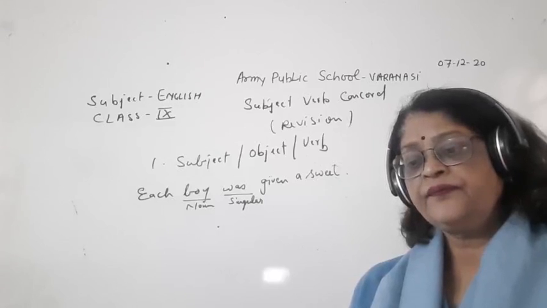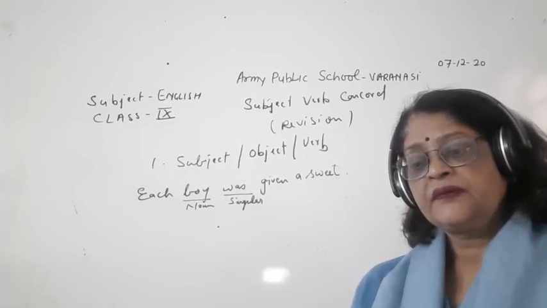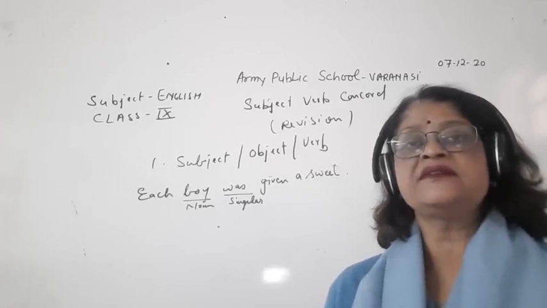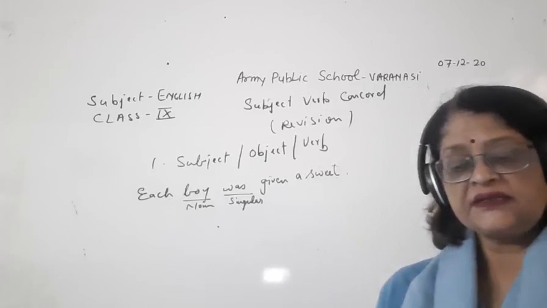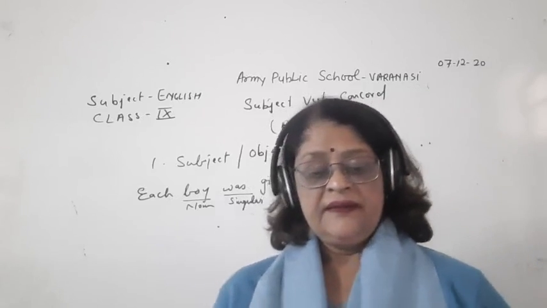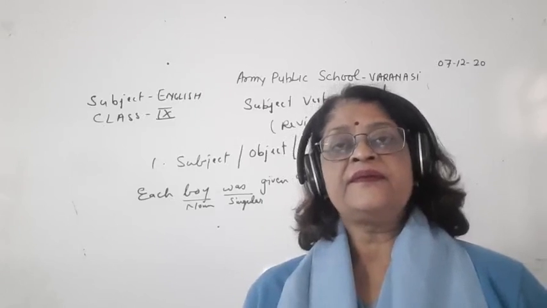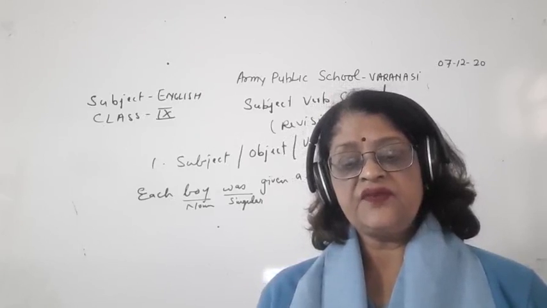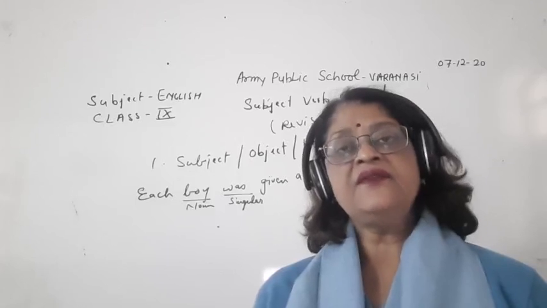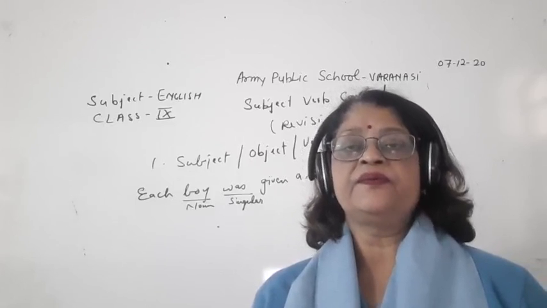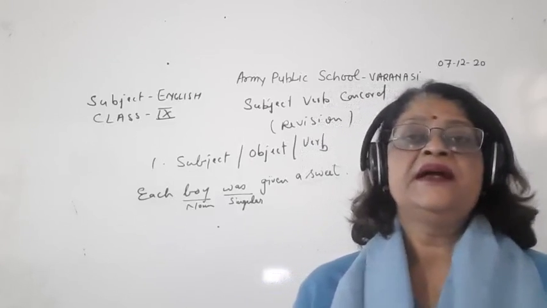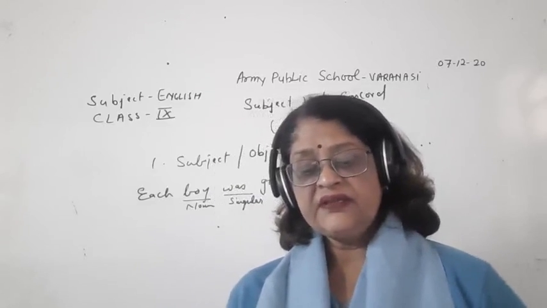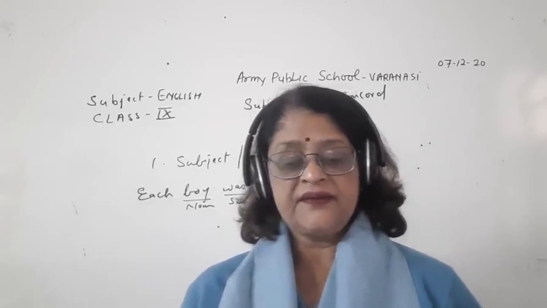Well children, then every girl has a book of her own. Every girl has a mobile of her own. You can write it. Now one more thing which I want to say: if one of is there, and that one of is followed by a plural noun, that means if some plural nouns are there and one of is followed by that plural noun, then the verb is always singular.